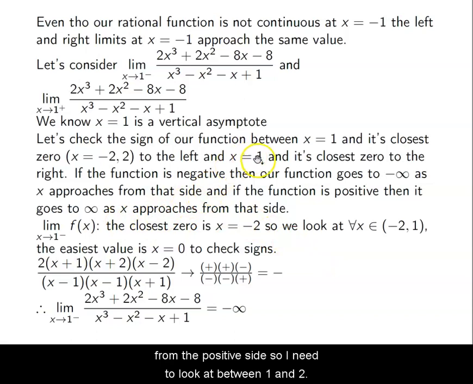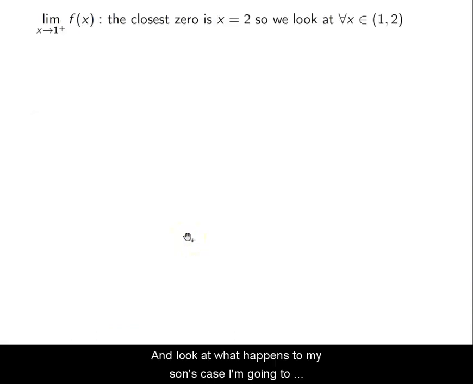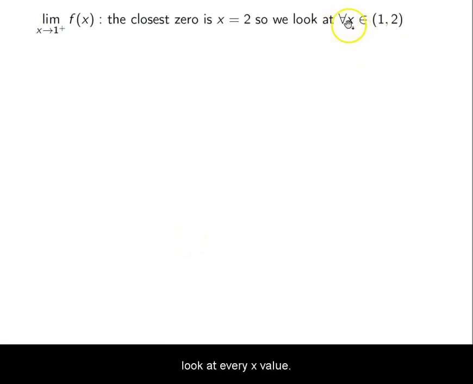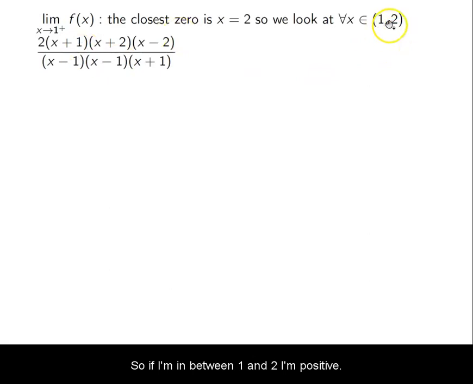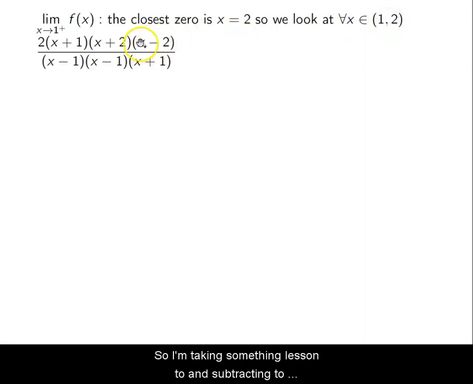So I need to look in between 1 and 2 and look at what happens to my signs. I'm going to look at every x value in this interval. If I'm in between 1 and 2, I'm positive. Positive plus positive, positive plus positive. Here my values are all less than 2, so I'm taking something less than 2 and subtracting 2. So this is negative.